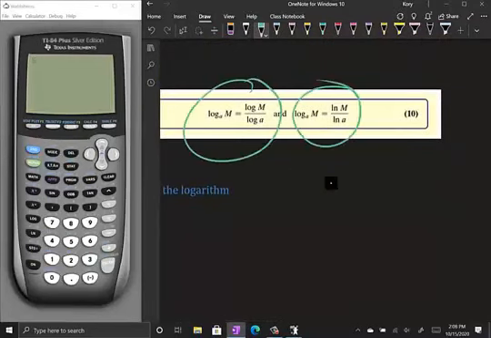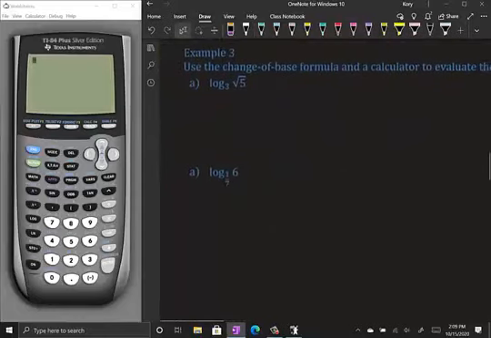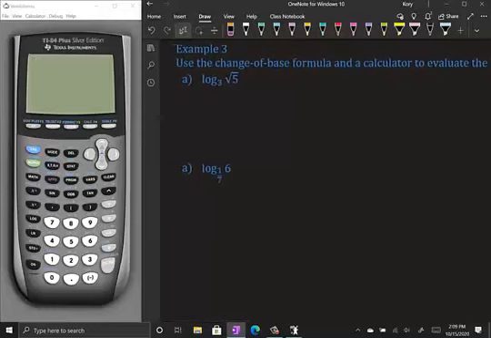It doesn't matter, we can use both of them and you'll get the same exact answer. Because a natural logarithm is log base e. So I'm going to show you both ways for both. So we're going to use the change of base formula and a calculator to evaluate each of these.